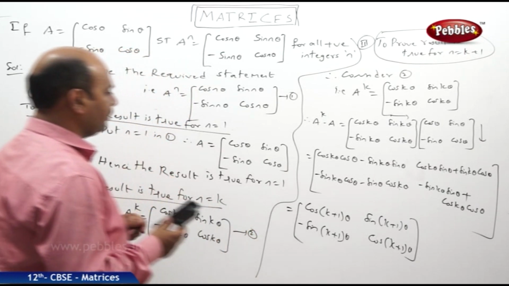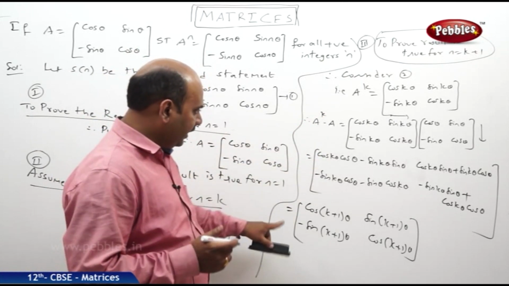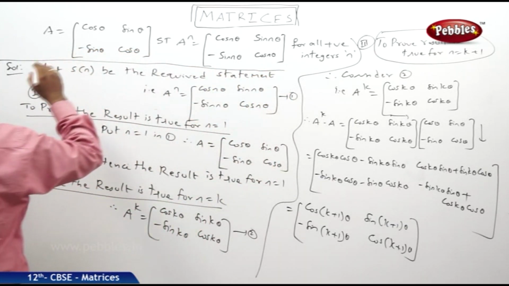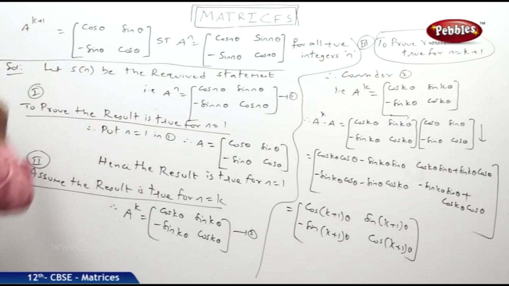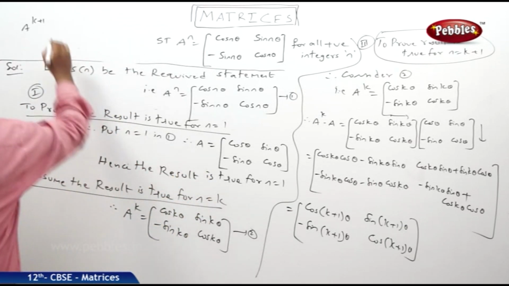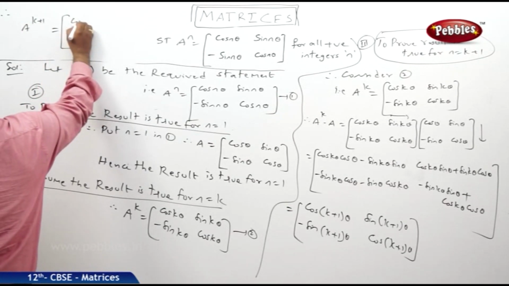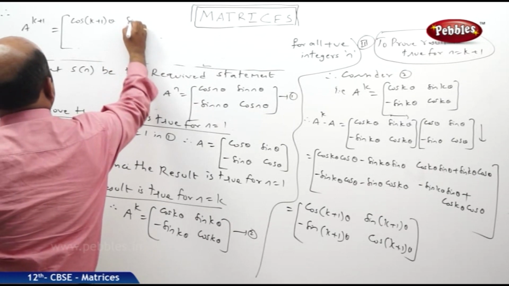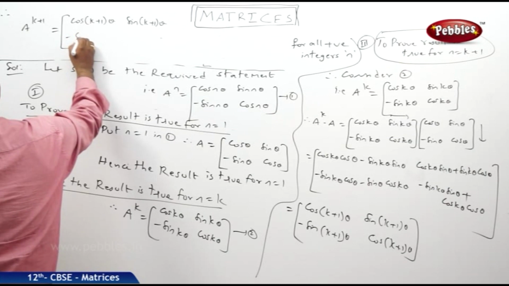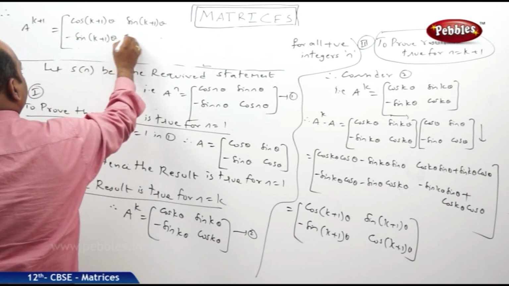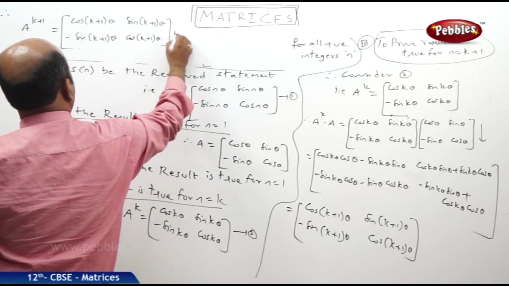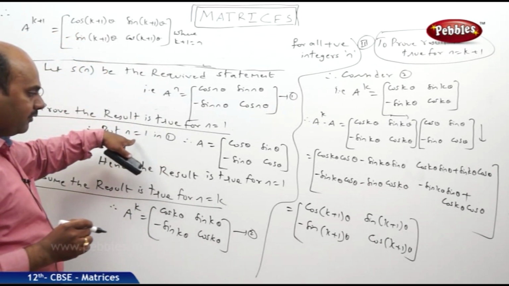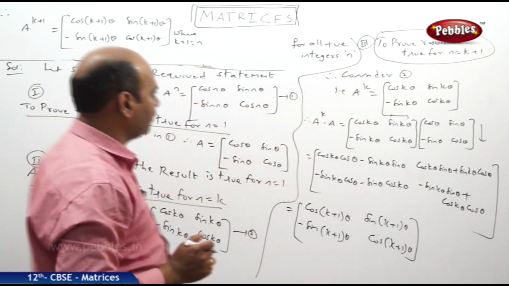That means finally, A power k into A means A power k plus 1, and the whole thing is nothing but cos of k plus 1 into theta, sin of k plus 1 into theta, minus sin of k plus 1 into theta, cos of k plus 1 into theta, where k plus 1 is equal to n.